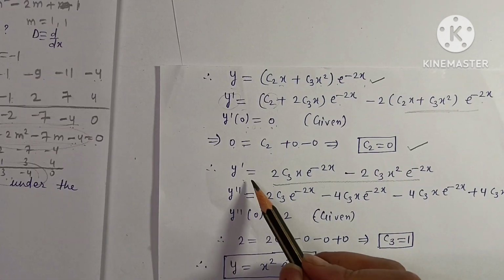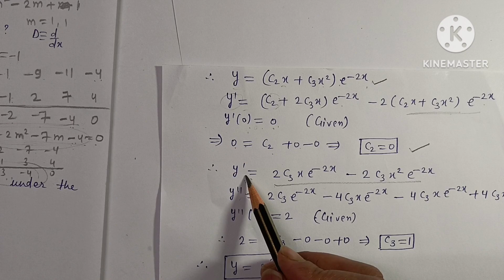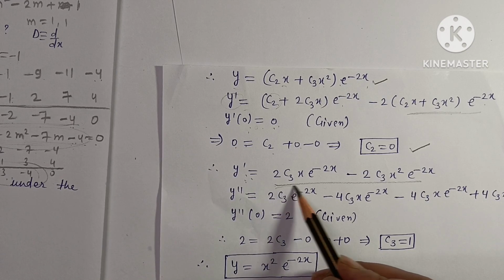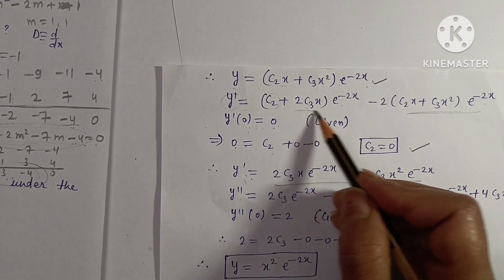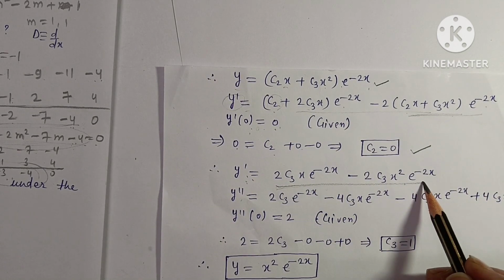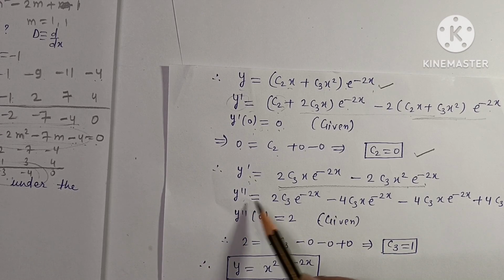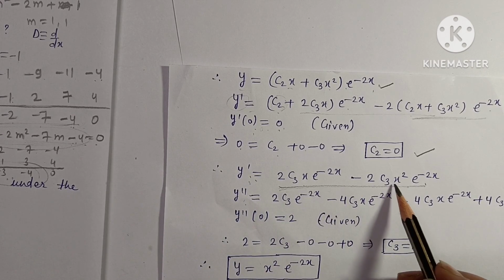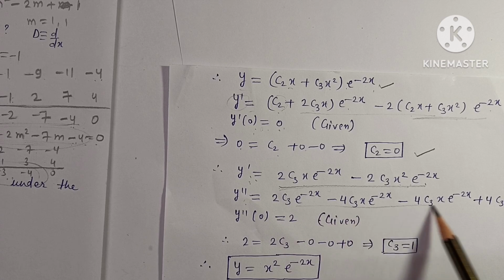So for y double dash we have to differentiate this y dash with respect to x. Actually y dash was this, but after putting the value of C2 equal to 0, y dash is this. Now y double dash, after differentiating by using the product rule, will be this.